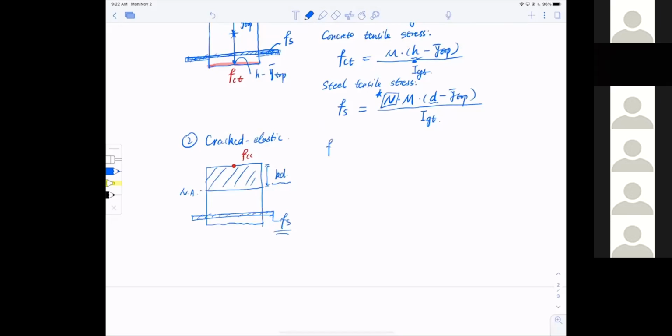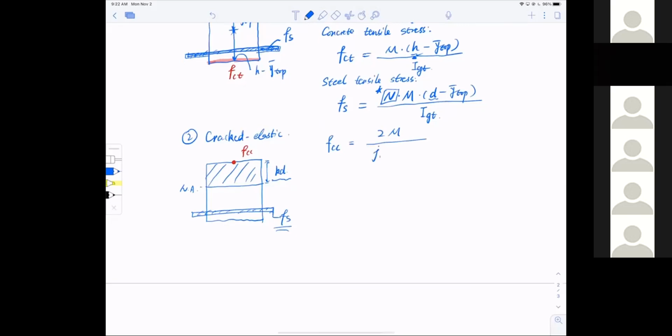Instead, FCC, the compressive stress in the concrete, equals 2M, the bending moment, divided by JD times K times D, multiplied by B. And the tensile stress of steel, Fs, in the cracked elastic stage is the moment divided by As, the area of steel, times JD, where JD equals D, the depth, multiplied by 1 minus K divided by 3.